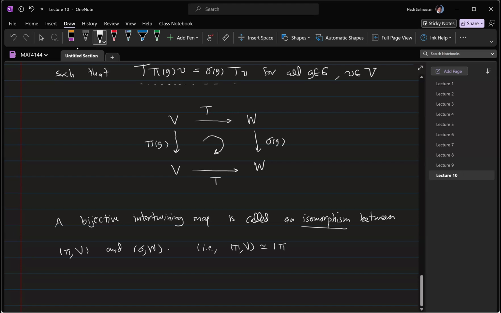And so we usually write pi V isomorphic to sigma W, if such a T exists. And of course, isomorphisms between representations create equivalence classes. Each class of isomorphisms is an equivalence class. And we would like to understand representations up to equivalence. That's the right way to do it, of course, right?